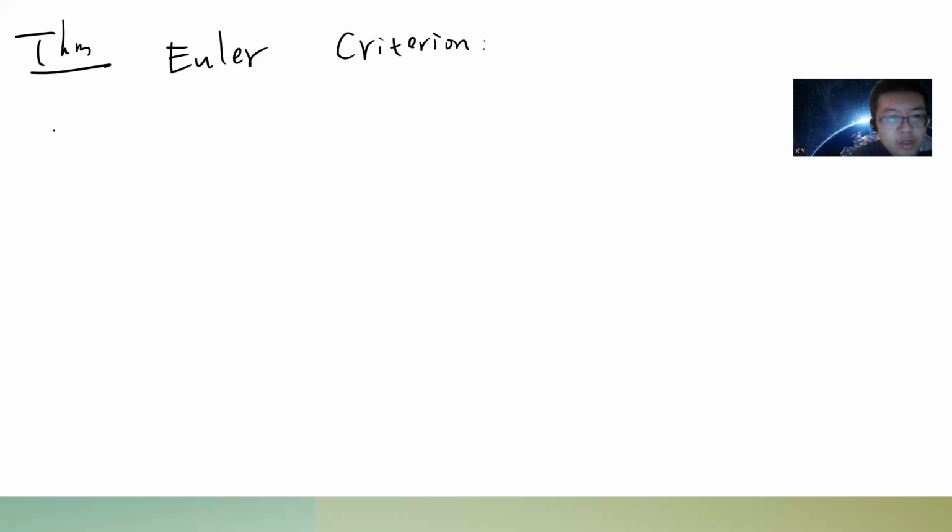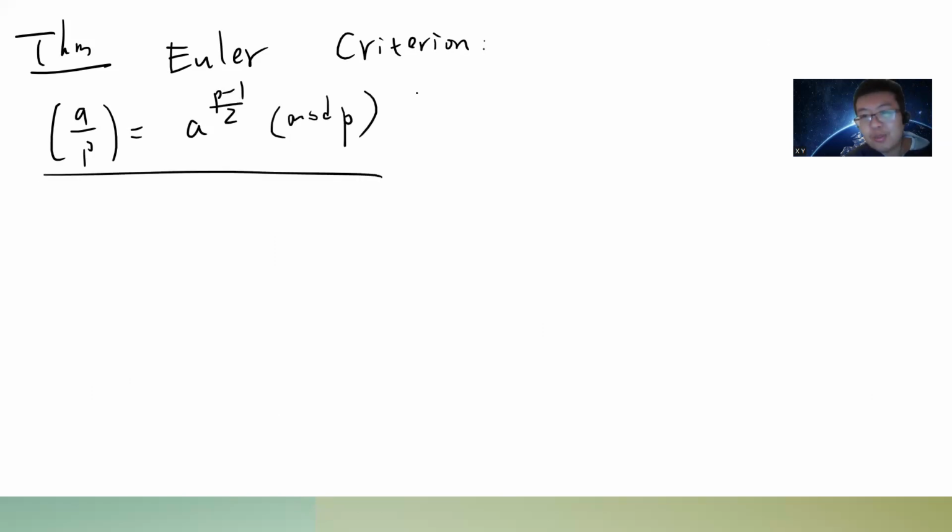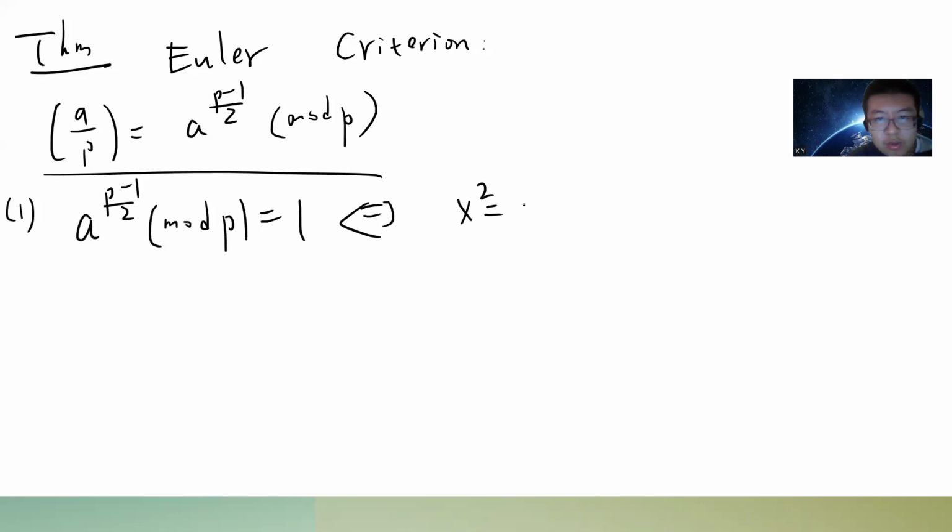The fact is the following: (A/P) is just A to the (P minus 1) divided by 2, mod P. This is a simple calculation that you can use to directly compute the Legendre symbol (A/P). What this means, simply speaking, is that A to the (P minus 1)/2 is 1 mod P if and only if x squared equals A mod P has a solution.